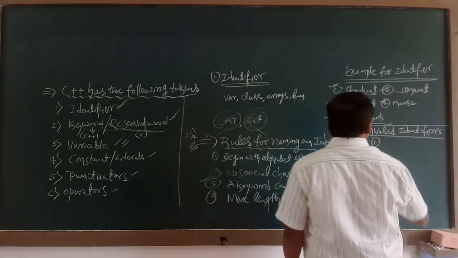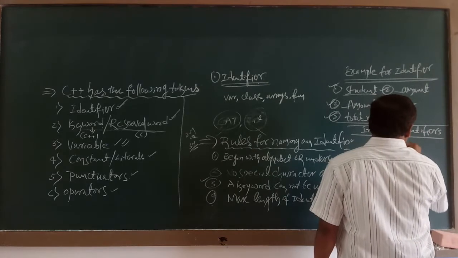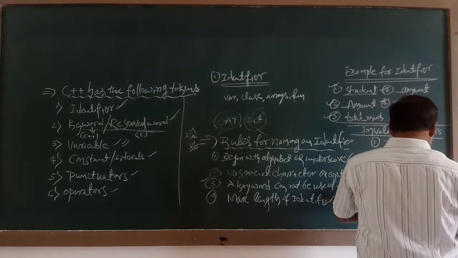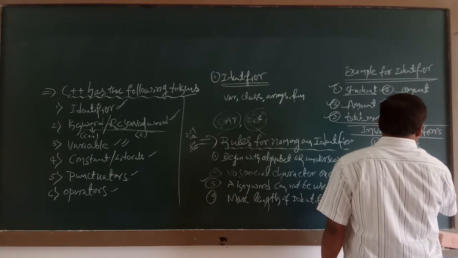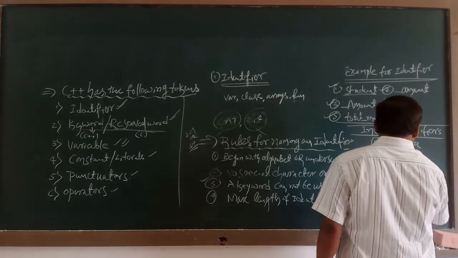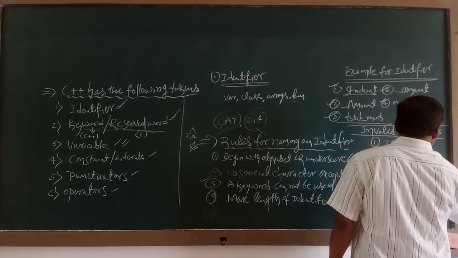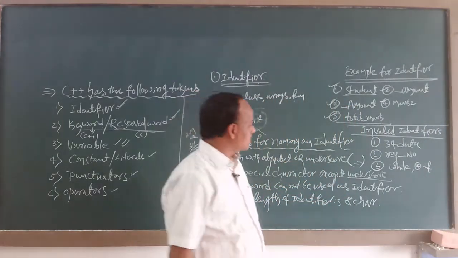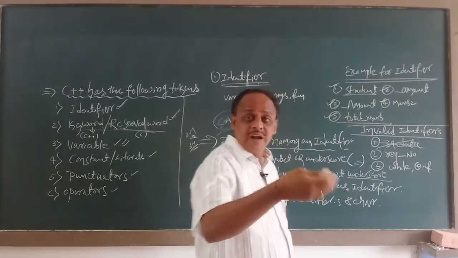For example, invalid identifiers: 34 data, second one register underscore number, third one while, while, while, and if. See here, these are the invalid identifiers, because we have to write the reason.